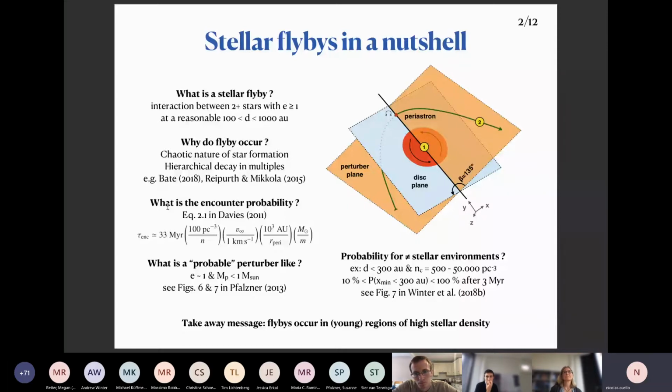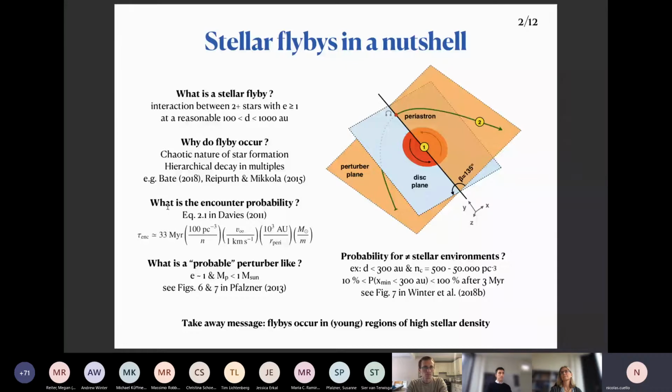And one can also try to think what's a probable perturber in a given distribution. That's an exercise that was done by Susan Fassner, and you can find that, for example, a parabolic encounter with eccentricity close to 1 is likely, and you have more probability to have an encounter with a low mass star below 1 solar mass. You can also see that the probability for these encounters changes with the stellar environment.